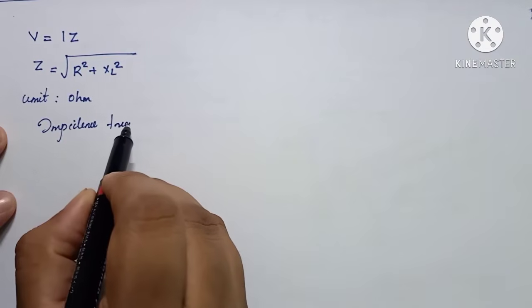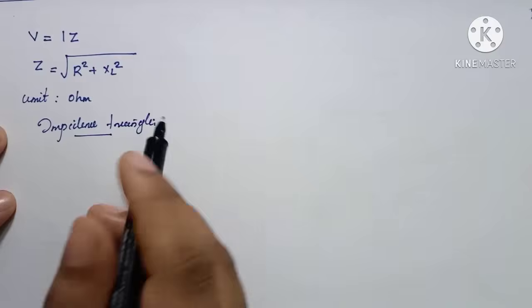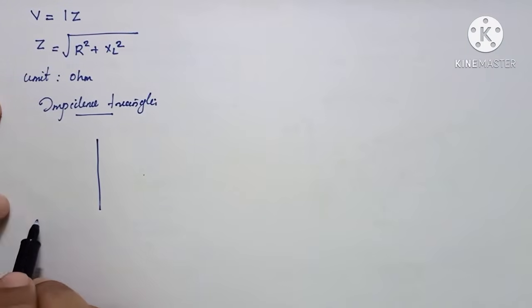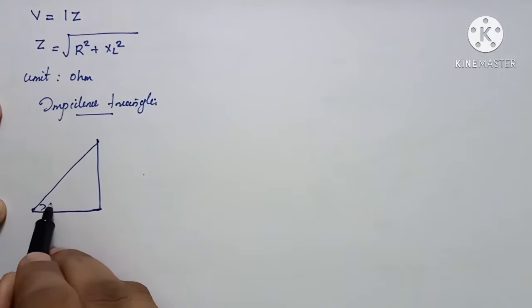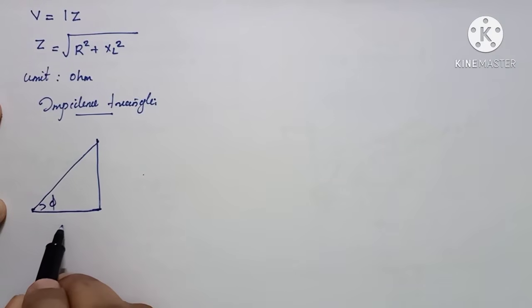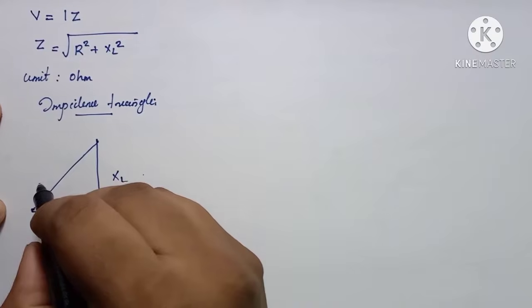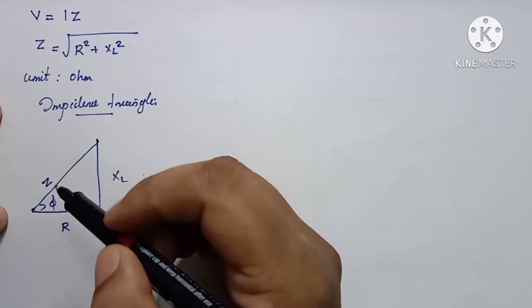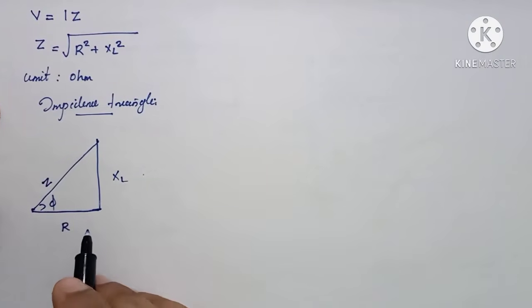In the impedance triangle, on the positive x-axis, here will be the resistance, here will be the reactance of the inductor, and here will be the impedance or the net opposition offered by this circuit.